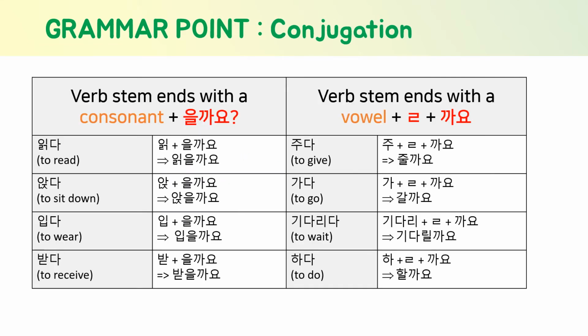Okay, let's practice more conjugation. If the verb stem ends with a consonant, you add 을까요. So here, stem, stem, stem, stem. 읽다, the stem ends with a consonant, you add 을까요, and it becomes 읽을까요. And this is the pronunciation. 읽을까요.